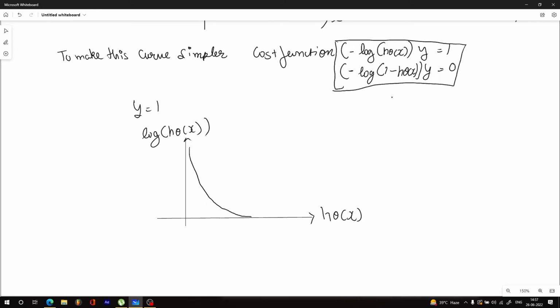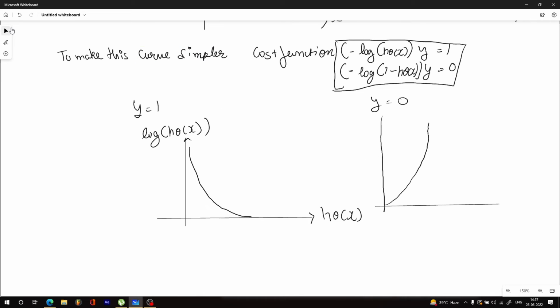And for y equal to 0, our graph will be in this manner, the upward trajectory.